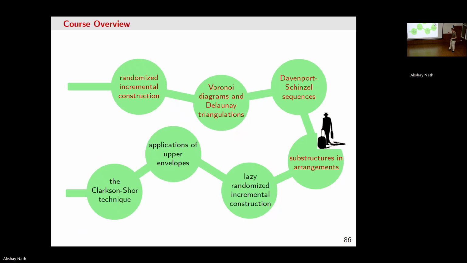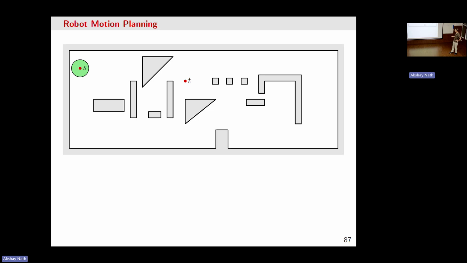Now, many algorithms analyze certain parts or substructures in arrangements. That's what you quite often see. Hopefully on Friday I'll get to some applications of these things. But now let's have a look at the basics.